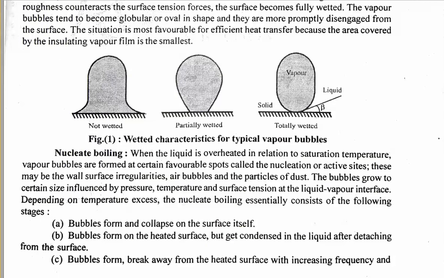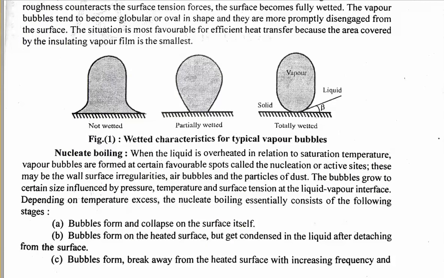These may be wall surface irregularities, air bubbles, and particles of dust. The bubbles grow to a certain size influenced by pressure, temperature, and surface tension at the liquid-vapor interface.